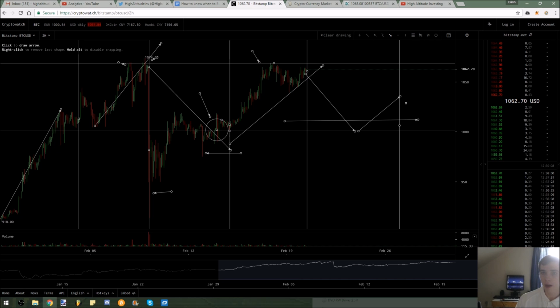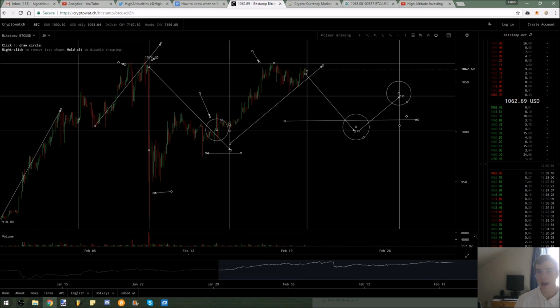You can set sell orders all the way up, or you can just do one. Depends on what you want to do. But I'm just going to do one, and I'm going to do it in the middle, because I feel like if it does hit this support level, it will probably come up at least to this 50% range. So I feel pretty safe making this my sell area. So I'm going to go ahead and put a circle at my sell. Oops. So there's a circle at my sell, and here's a circle at my buy.